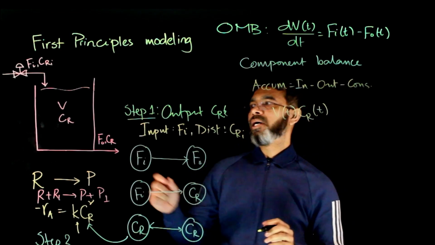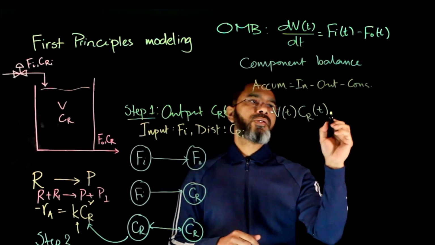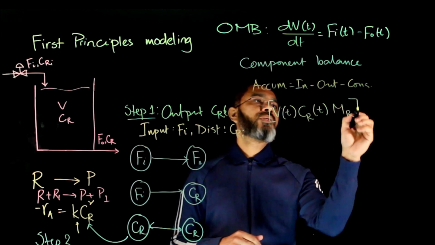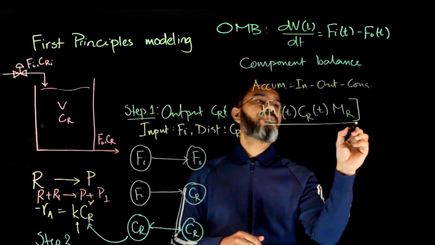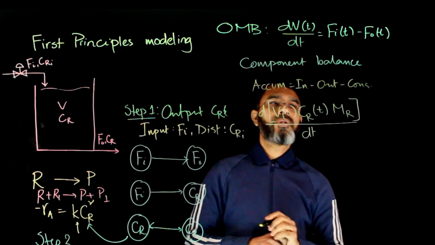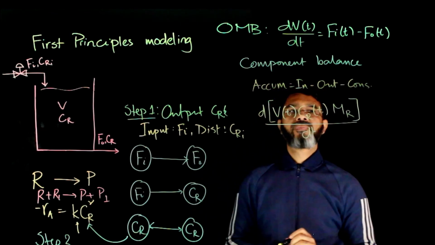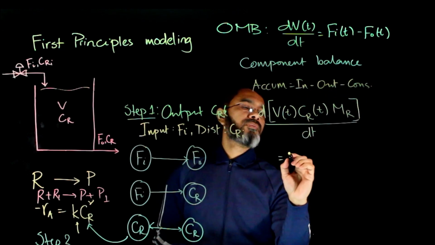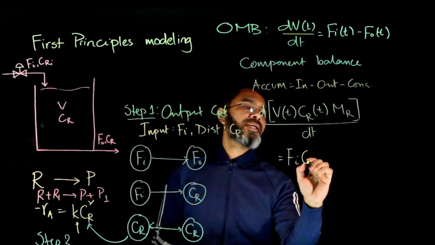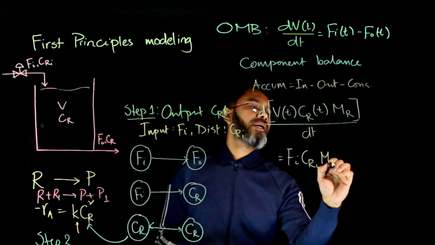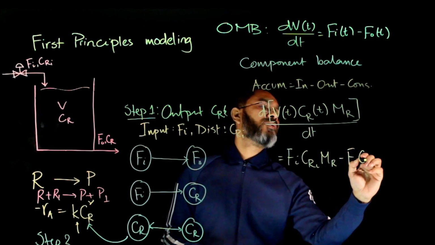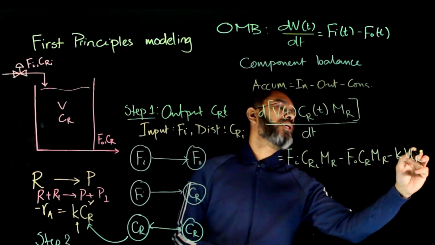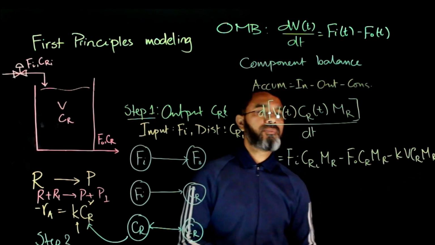So volume times the molar concentration times the molecular weight will give you the mass, and rate of change of mass with time will give you the rate of accumulation. So this will be written as equals in minus out minus consumption. So in will be given as Fi CRi times MR minus F0 CR times MR minus K V CR MR.